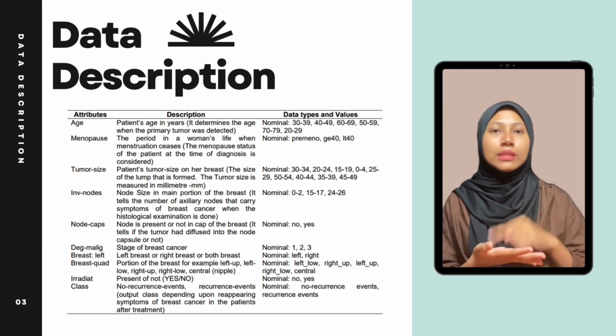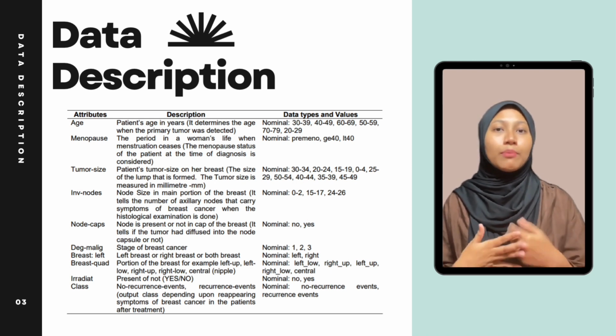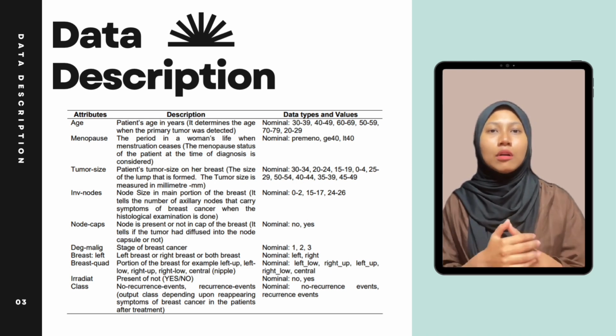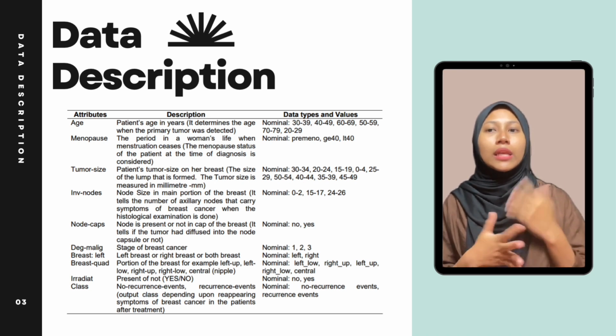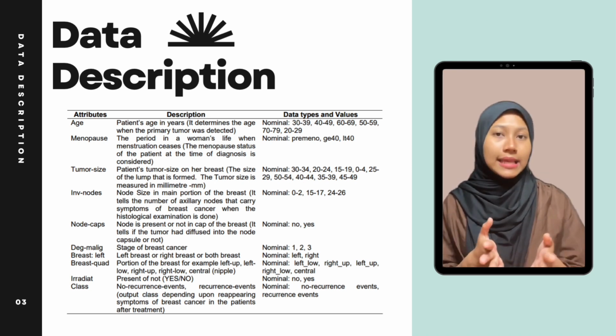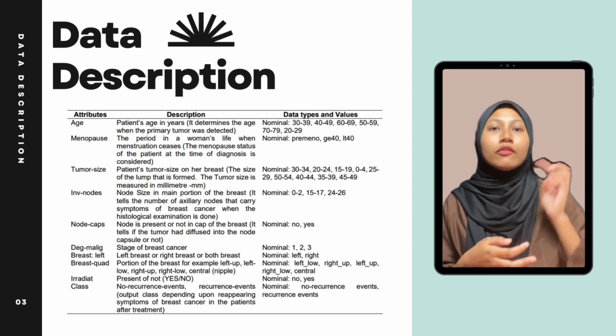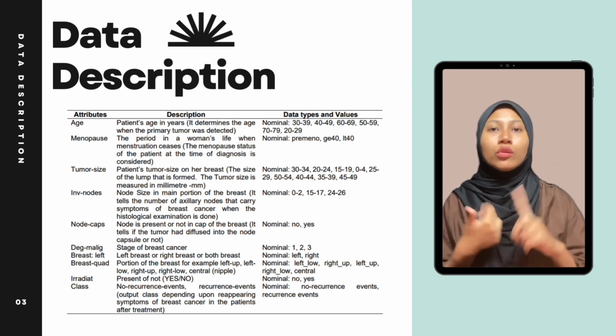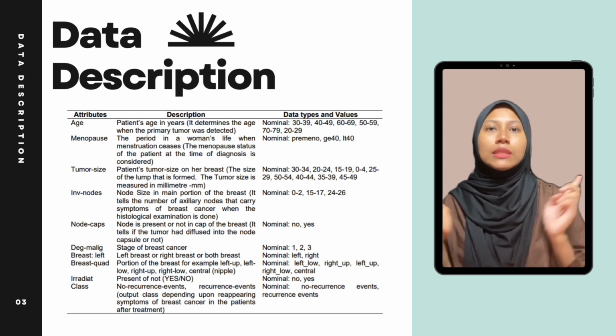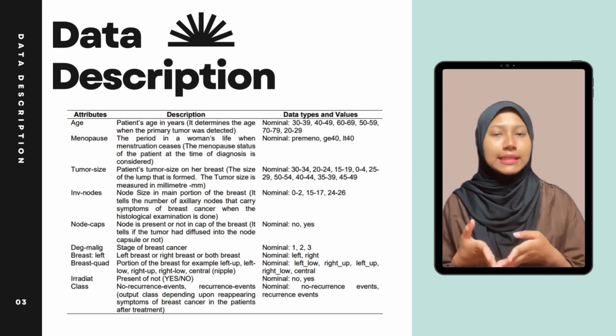Inv nodes is the number of axillary nodes that carry symptoms of breast cancer when the histological examination is done. They have 3 sizes, which are 0 to 2, 15 to 17, and 24 to 26.